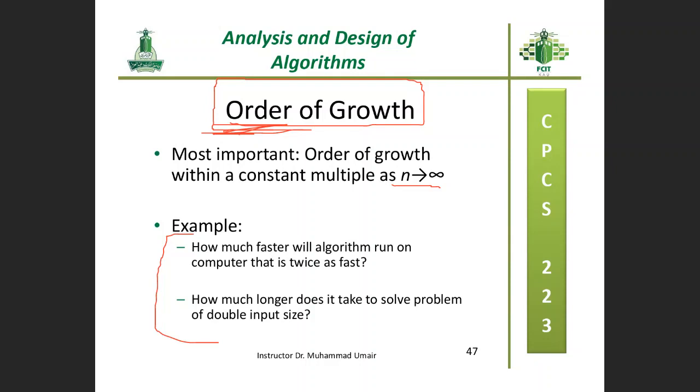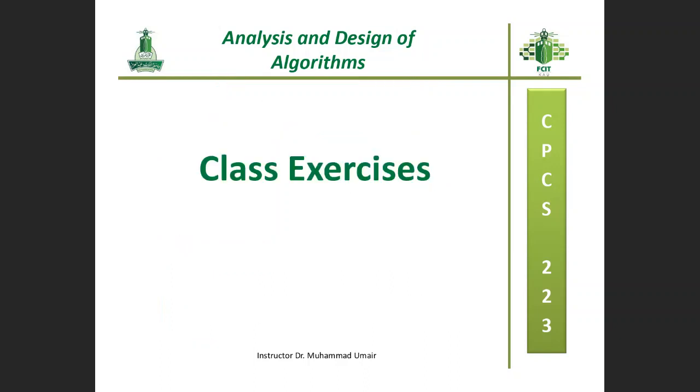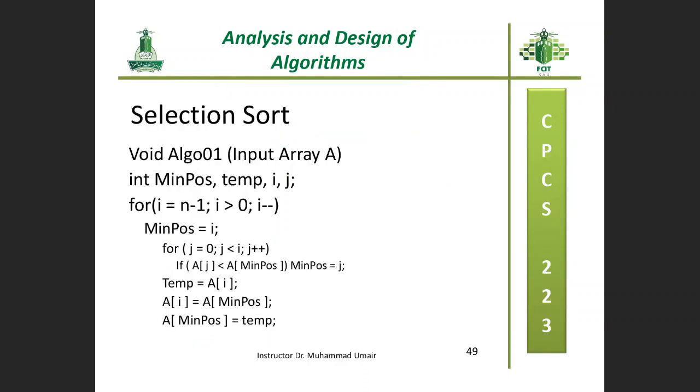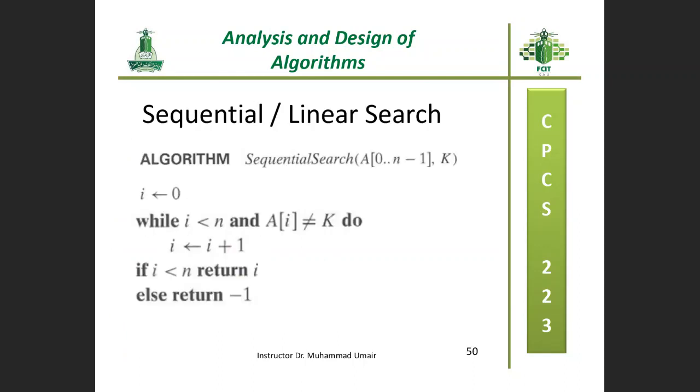On similar grounds, some exercises are added here on the next slide. I'm leaving them for your own practice. For example, this algorithm is given for selection sort, on the same pattern as we have done for insertion sort. So this is your exercise. You should go through these and perform the analysis. If you find any problem, then you can discuss it with me in the next lecture.